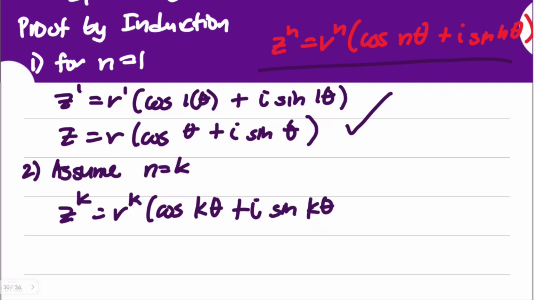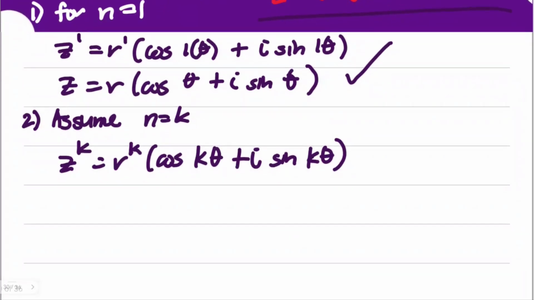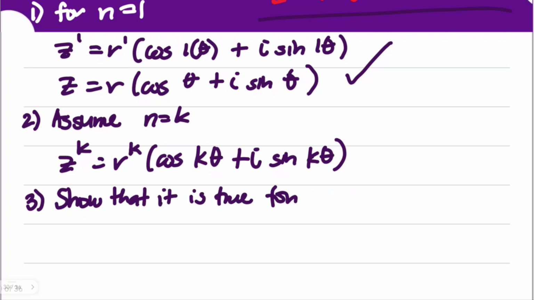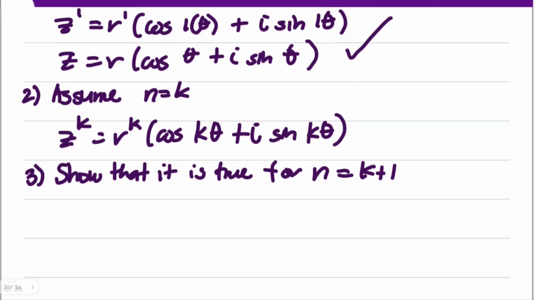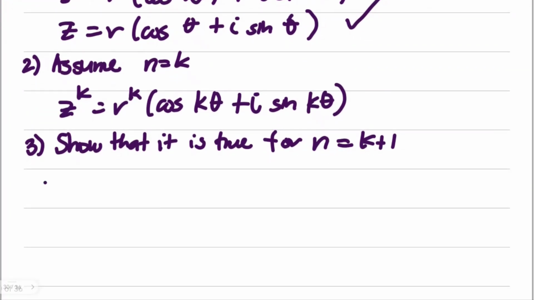We're going to assume that, and then we're going to show that it is true for n equal to k plus 1. Okay, so that would mean, when do we get k plus 1 for z? It's actually a product of z to the power of k times z, right?